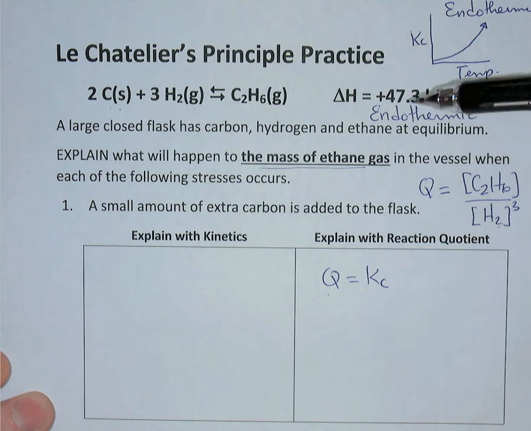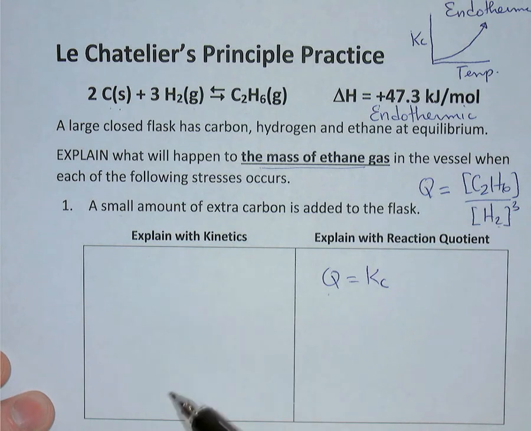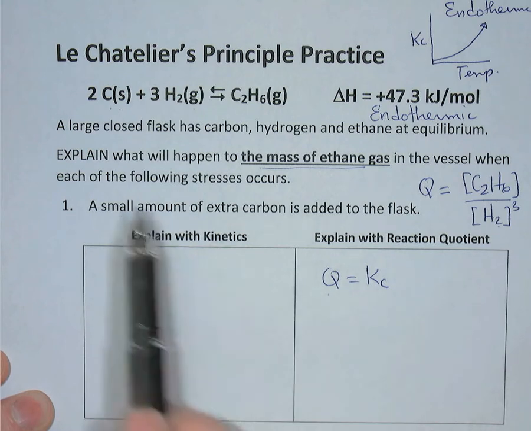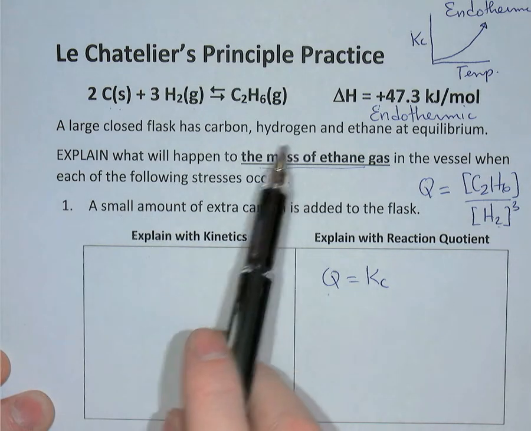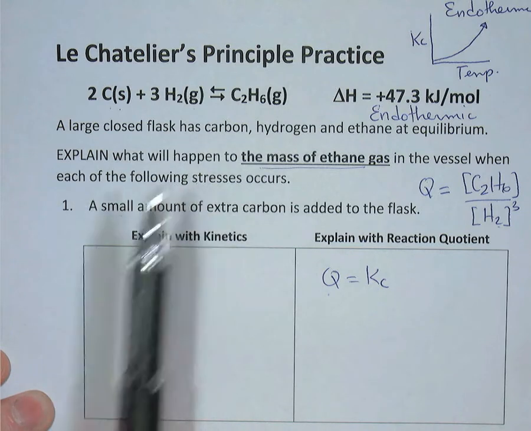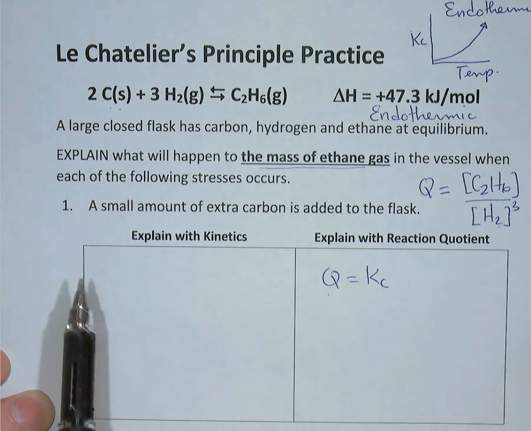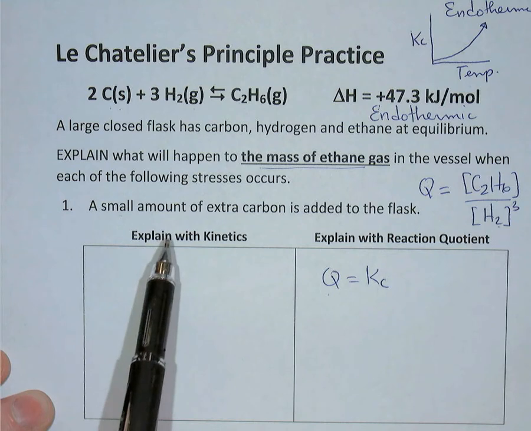So raising temperature. From a kinetics perspective, we know that when you raise the temperature, rates get faster. So raising the temperature will increase the forward rate and it will increase the reverse rate. However, they do not increase equally.